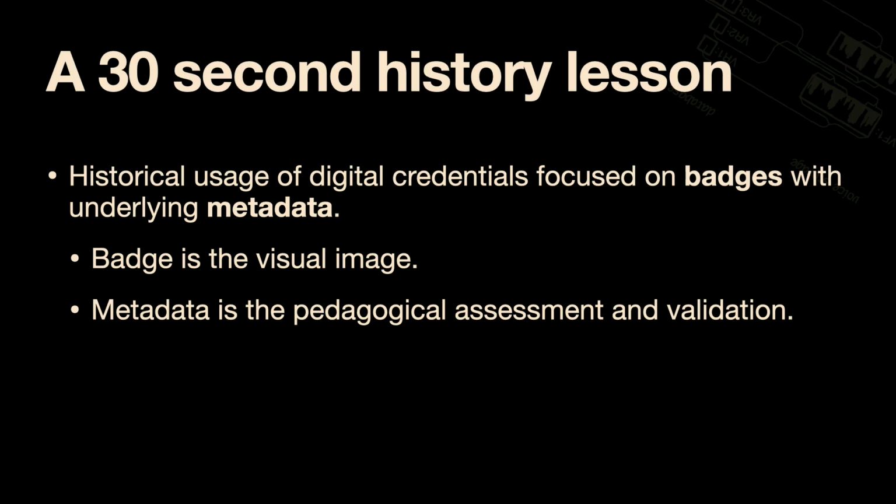So this standard is the underlying metadata that has all that learning and success and accomplishment that exists there. Your badge is just the visual image, and I'm sure that's the part everyone's most familiar with. And that's pretty much what the standard's been for the last 15, 18 years or so.